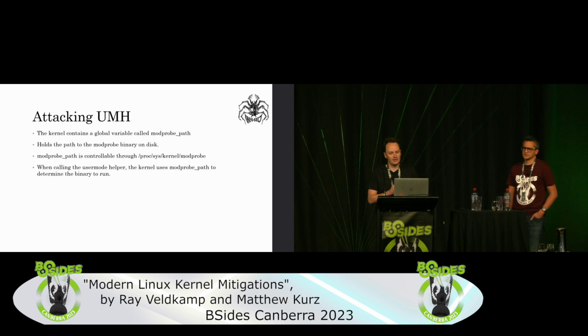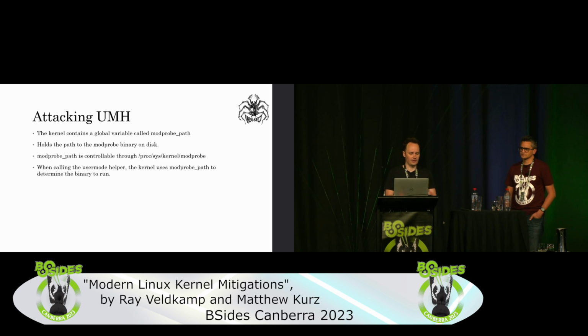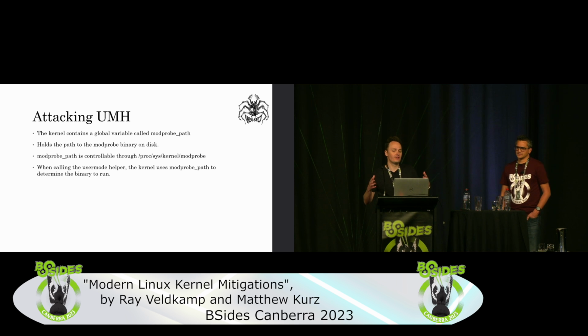And so what it has is this global variable called modprobe_path, and it purely exists to hold the path to the modprobe binary on disk. This modprobe_path variable is controllable through the modprobe pseudo file in /proc/sys/kernel. And when the kernel wishes to invoke modprobe, it basically just runs whatever this global variable is set to.